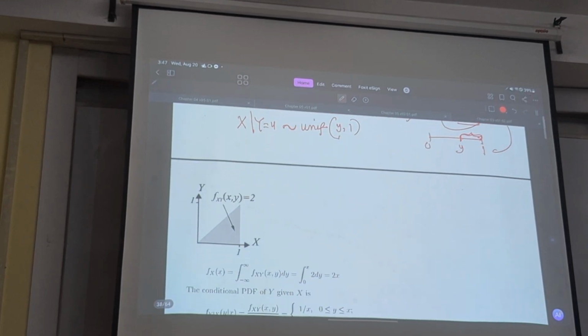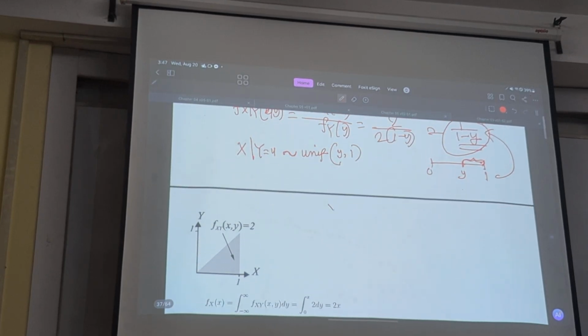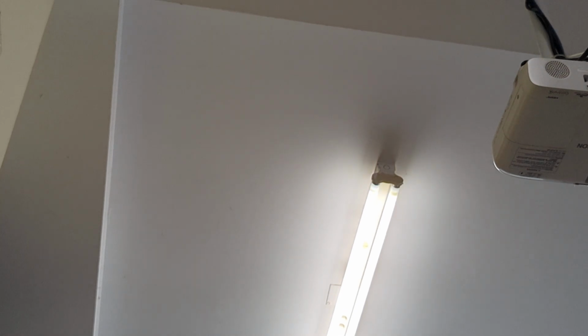Now your job is to find out the conditional distribution of y given x, following the same process. You can do it, right? Uniform from 0 to x. Do it. So what is the marginal distribution of x?